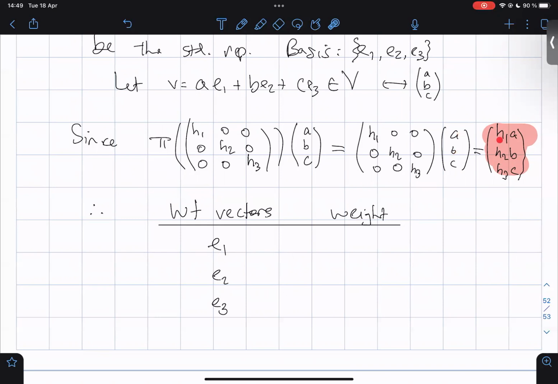You get (H1, 0, 0). So that vector just got rescaled. What is the eigenvalue? It's H1. That's the application of this epsilon 1 to H. So the corresponding weights are epsilon 1, epsilon 2, epsilon 3.